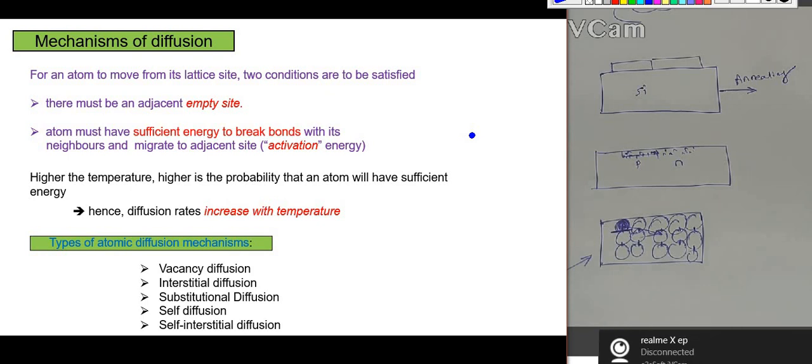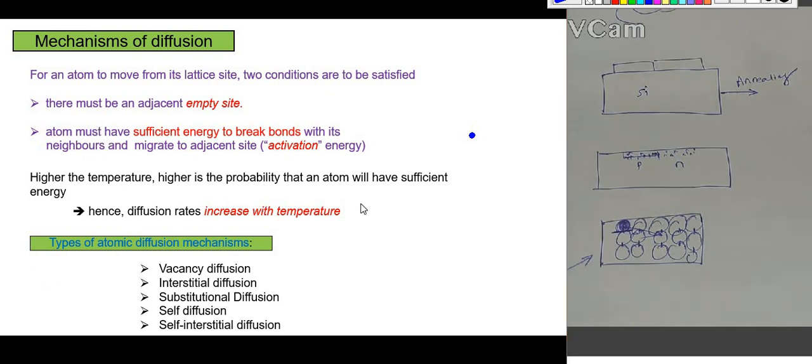This activation energy is developed by high temperature. By providing high temperature, the activation energy of the atoms increases, and they break the bond and move from their original lattice point to a vacancy or adjacent position. So that is the second condition.